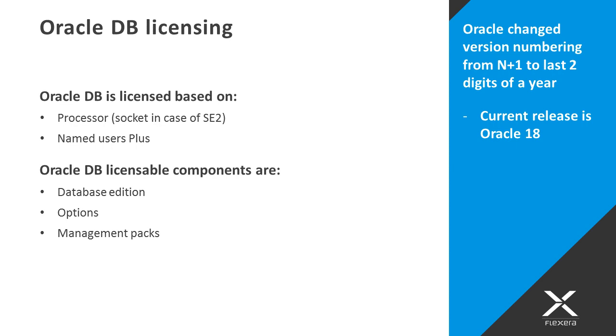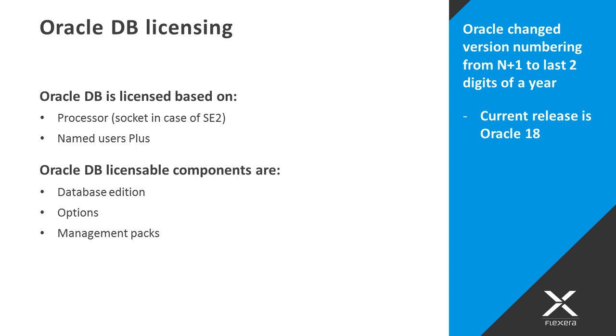And there's one technical difference, not only by the name. All the stuff around the processors can be measured pretty well, but named user plus, the numbers of them cannot be measured, not by Oracle itself and not by a verified tool. It's just a list the customer provides.